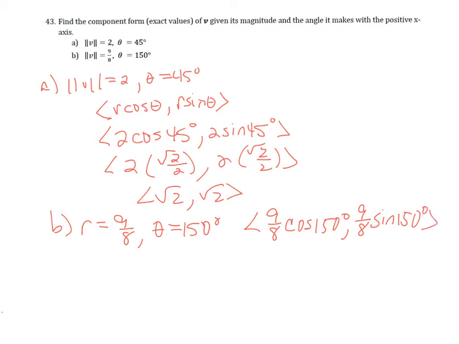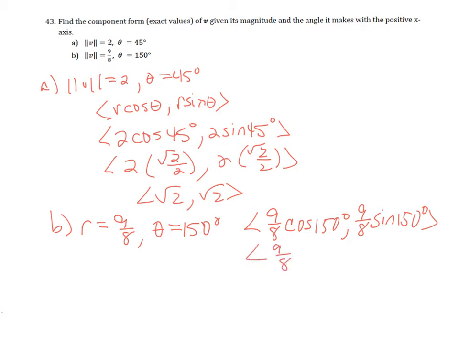Now, the cosine and the sine of 150 are things that we would use from the unit circle. Now, if you think about it, the point on the unit circle for the cosine is negative square root of 3 over 2, and 1/2.